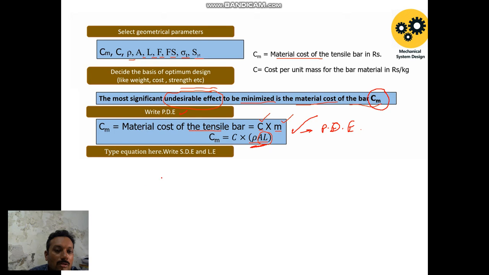Now how can we write the SD equations? SD equations means subsidiary design equations and the limit equations.